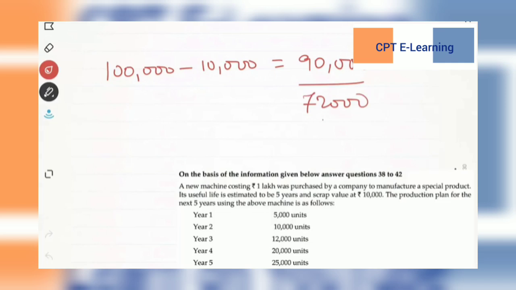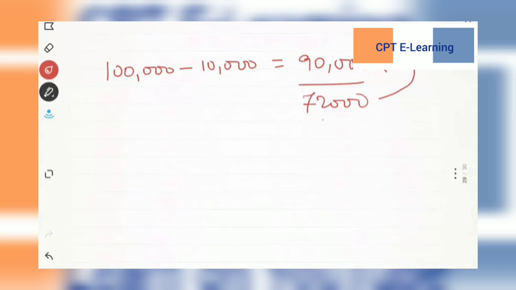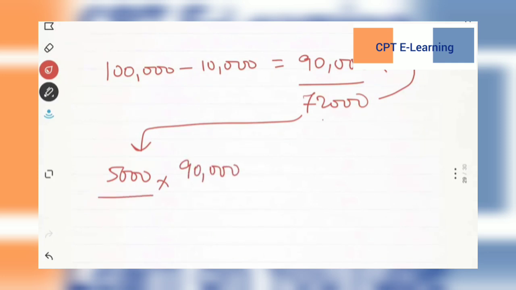72,000 units. So in a way I can say to make 72,000 units I am incurring an expenditure of 90,000 rupees. Now how much of the 72,000 I am making in my first year is 5,000 units. So the depreciation for the first year is 90,000 into 5,000 divided by 72,000.